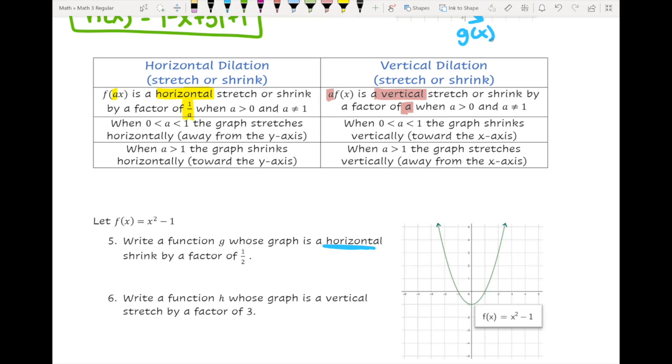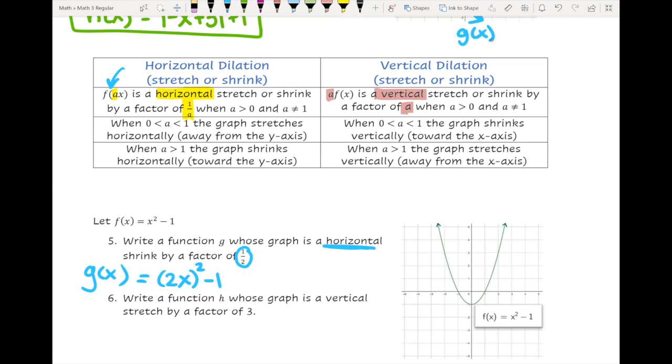So I'm going to do a reciprocal of 1/2, and instead of 1 over 2, I'm going to get 2 over 1, or the whole number 2. I'm going to put that 2 multiplied by the x. So I will have (2x) squared minus 1 as my g of x function.